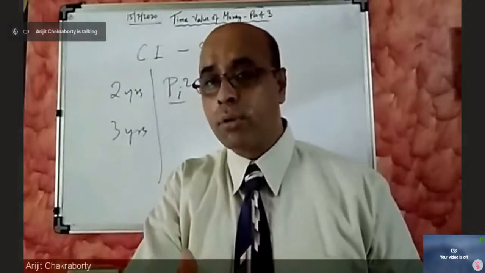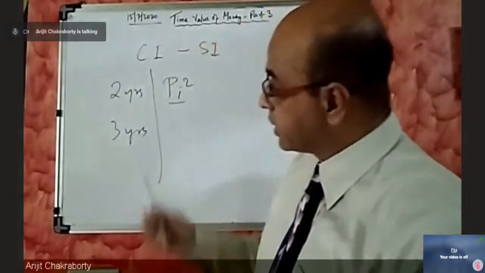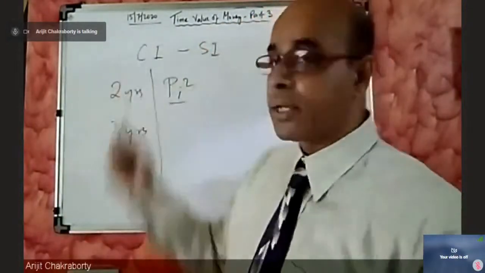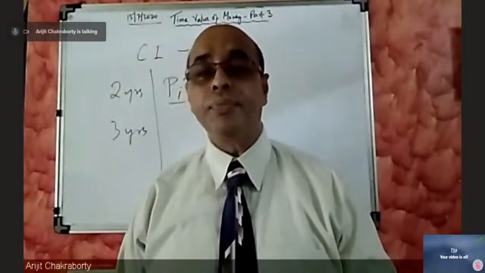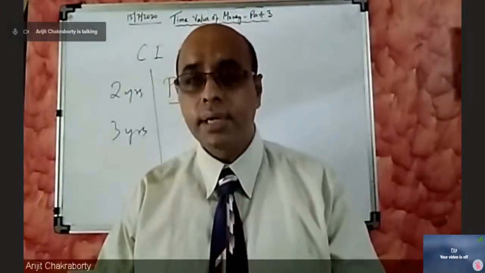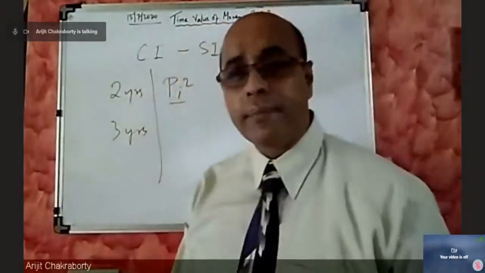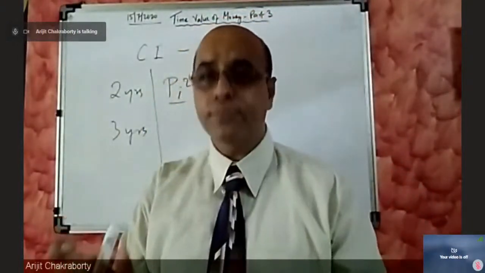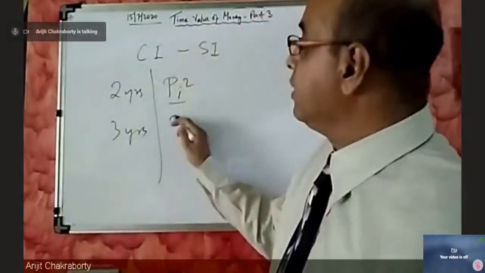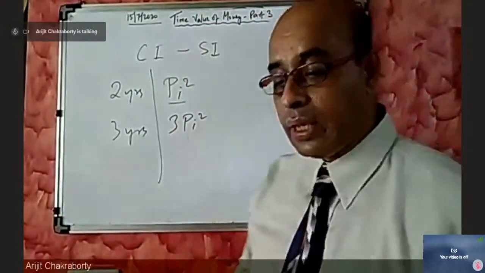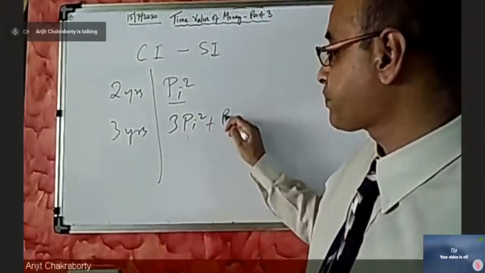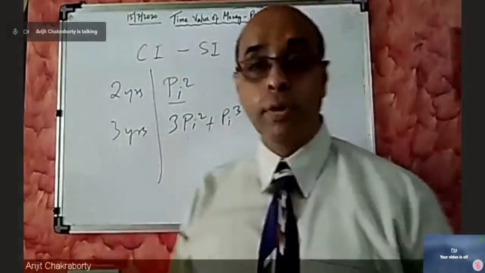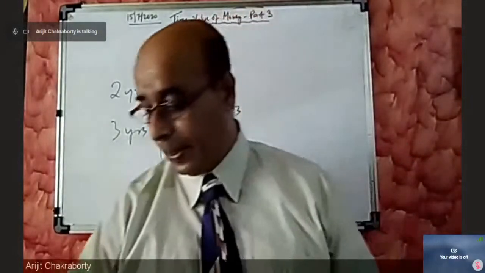It must be there in your notes. Please go through it. And in case of 3 years, the difference between the compound interest I'll earn in 3 years minus the simple interest is 3PI square plus PI cube. So these are the two shortcuts we did, and we will do numericals on these two shortcuts today.